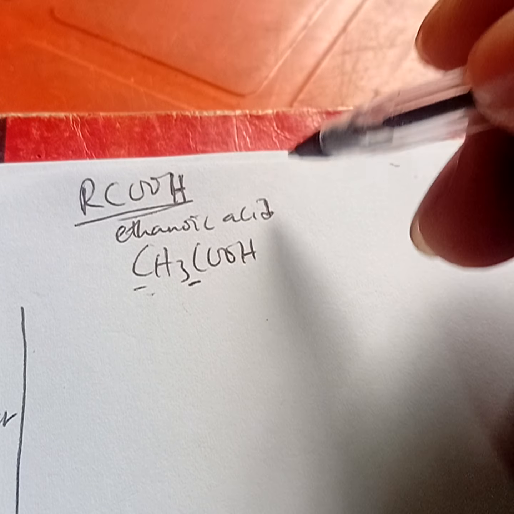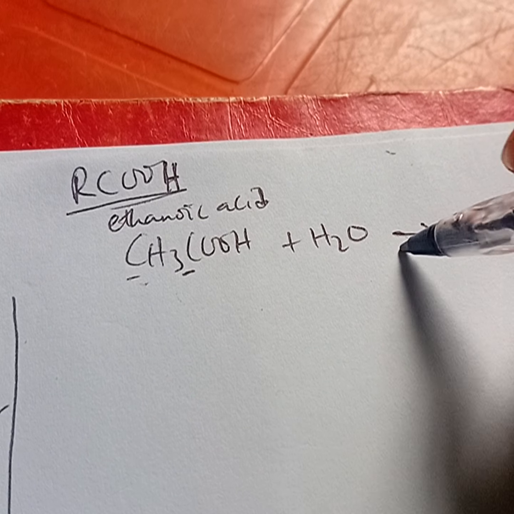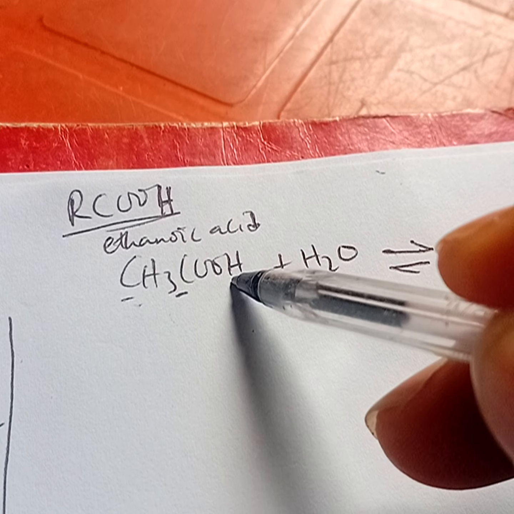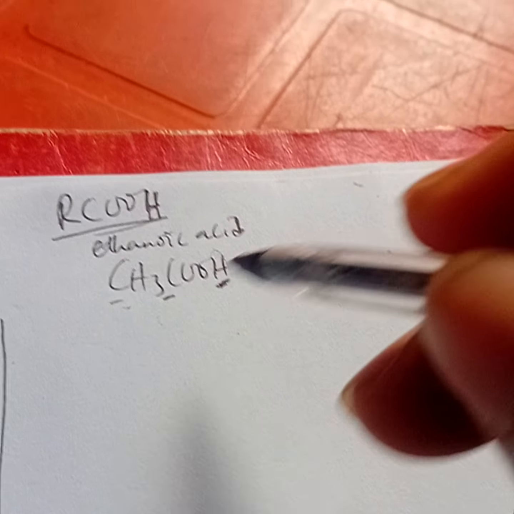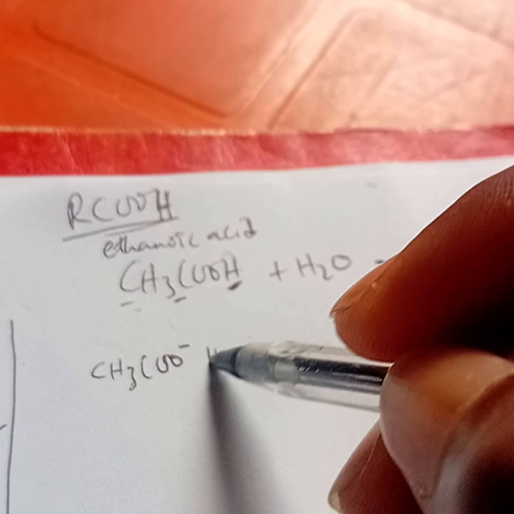So let's put it in water, H2O. What is going to happen here? This ethanoic acid can donate this H plus to this. So we are seeing this as CH3COO minus and then H plus.